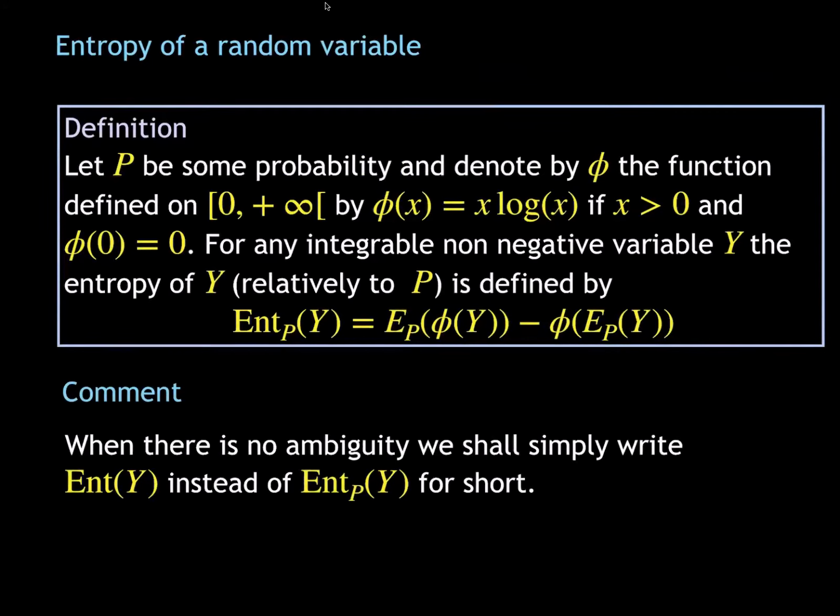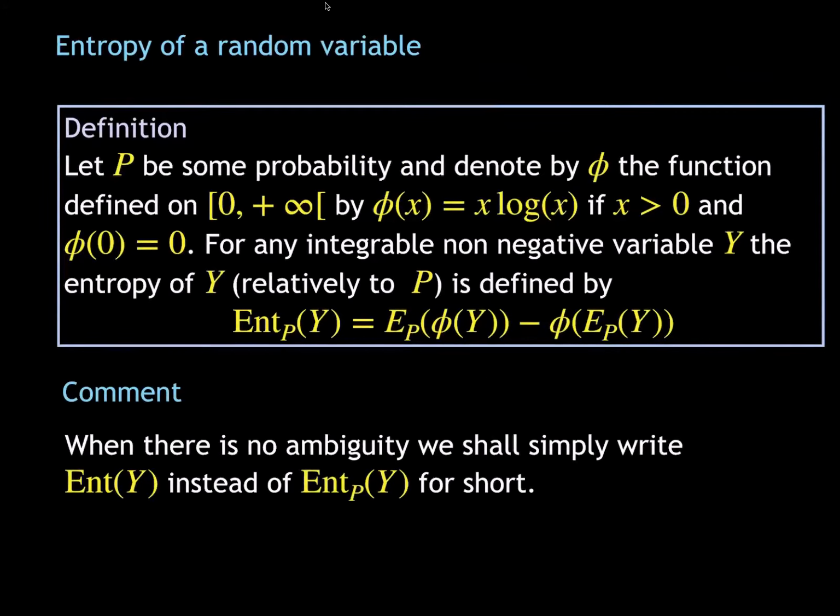And doing this, you recover exactly the definition that we had in the discrete case, just because in the discrete case, when you look at the Radon-Nikodym derivative, it's just the ratio between the weights. And so you recover a formula which is exactly the same as the one that we have given before in the discrete case.